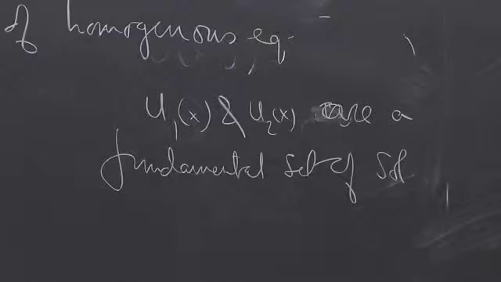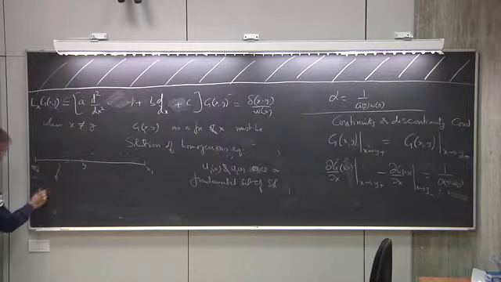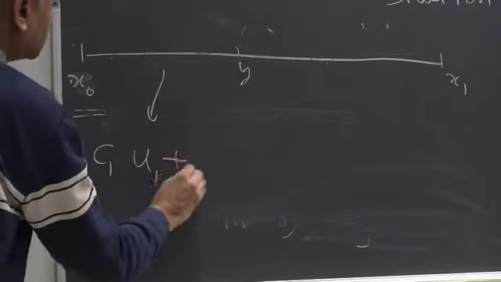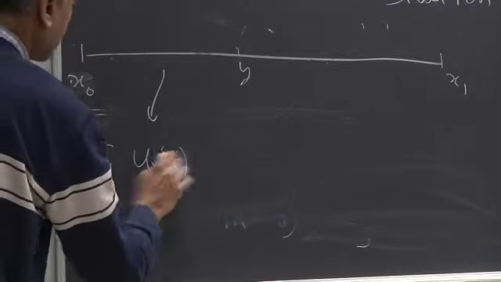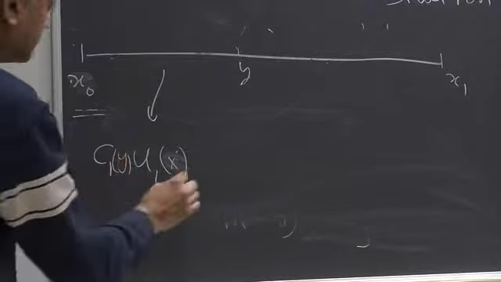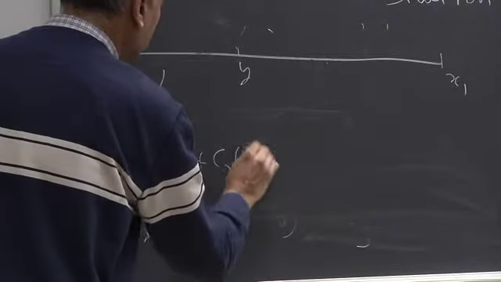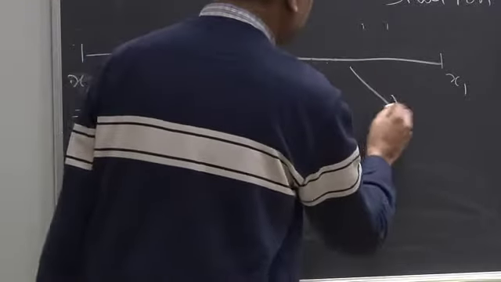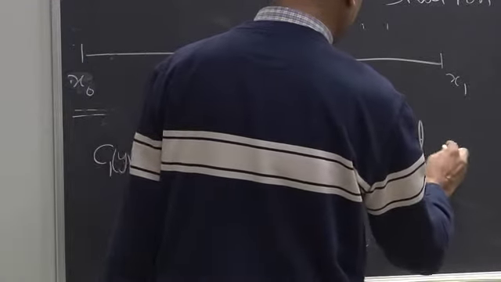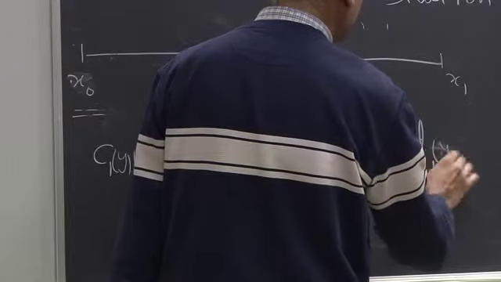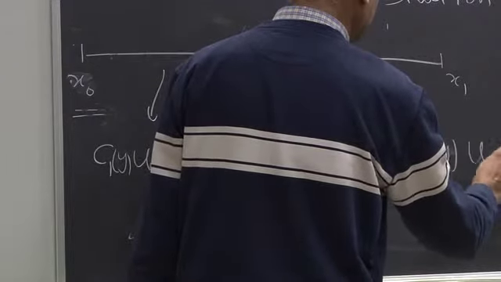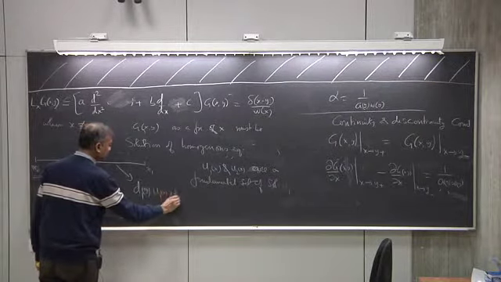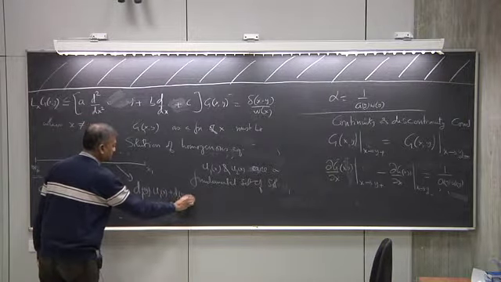Suppose that the Green's function here is expressible as a linear combination with coefficients c1 and c2, c1(y) u1(x) plus c2(y) u2(x), and in this region some coefficients d1(y) u1(x) plus d2(y) u2(x).